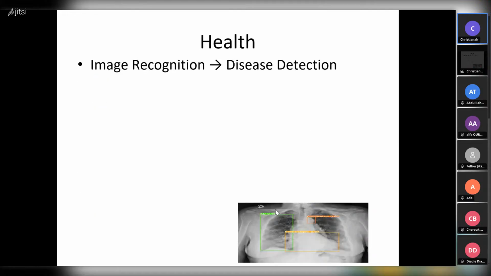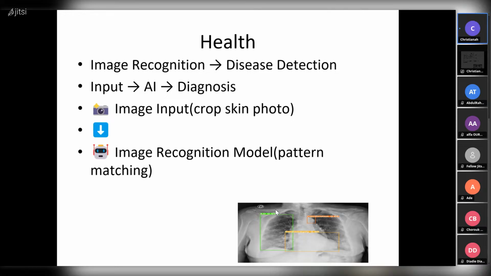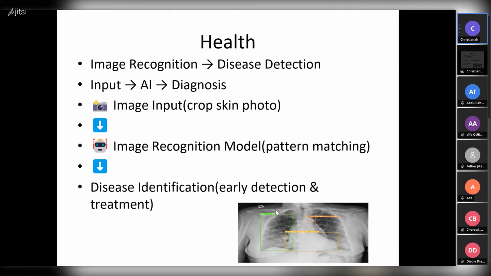Okay, so for healthcare, the input is an image. This is a chest X-ray. The model is going to look at the pattern and help identify the disease that the person has.